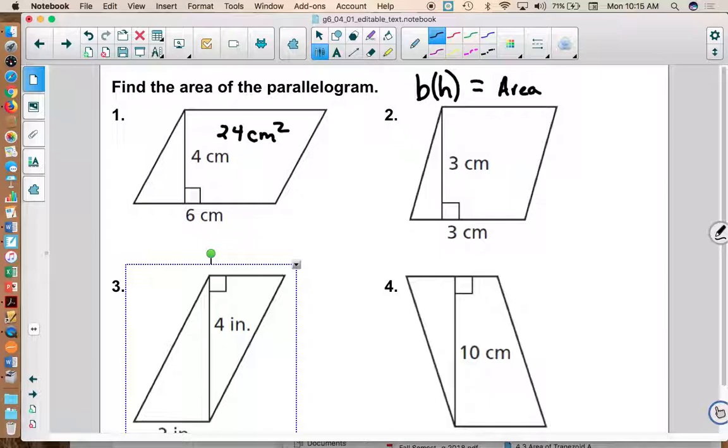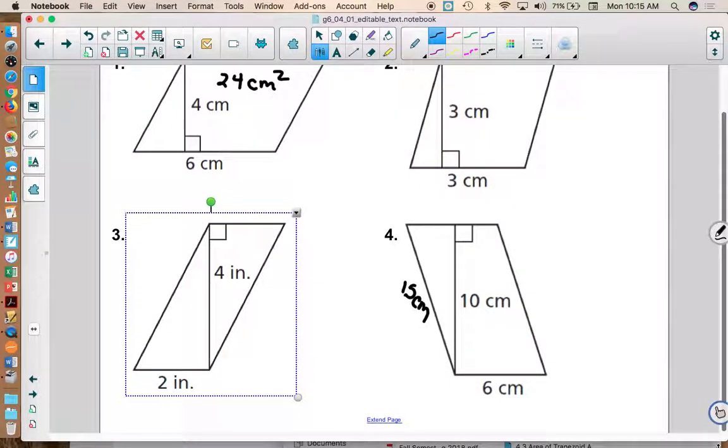What if I just put a measurement right there that said 15 centimeters? Which measurement on that number 4 would you use if I told you that that angle piece was 15 centimeters? What's its area going to be? You should use it because it's going to stretch down to the height.